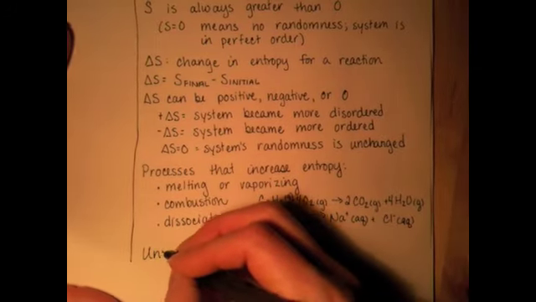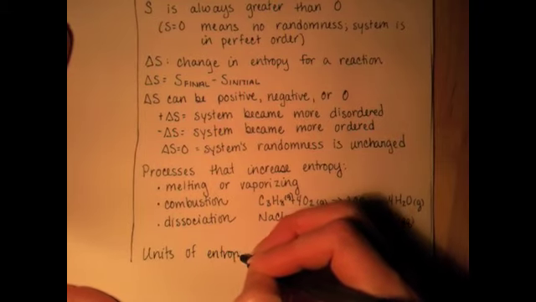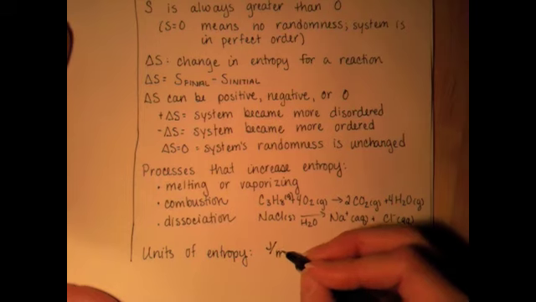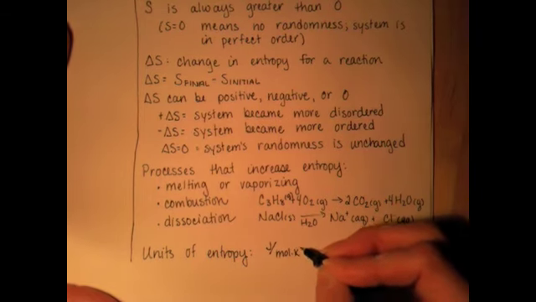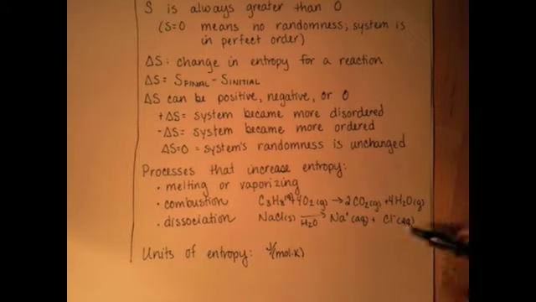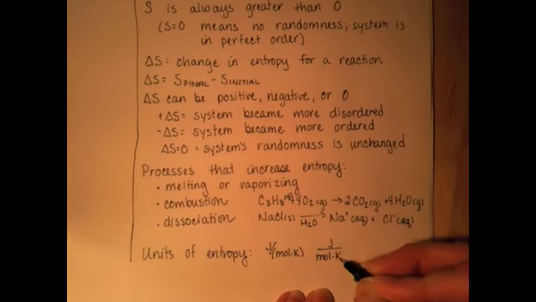The units of entropy are joules per mole Kelvin. The mole Kelvin is in the denominator, so it's joules over moles times Kelvin.